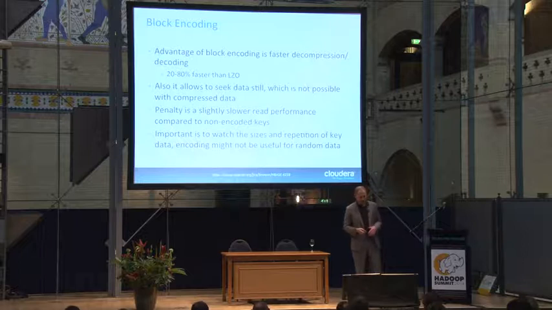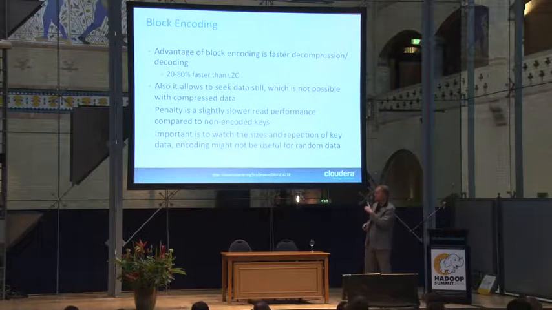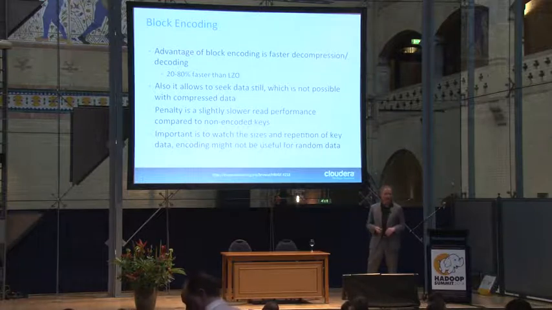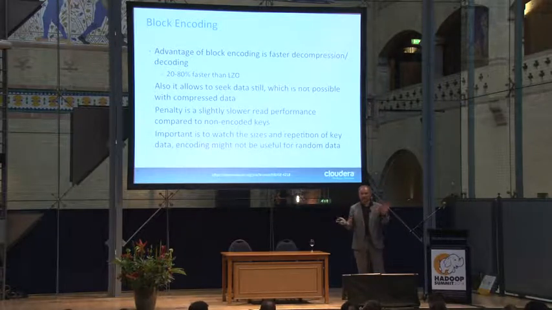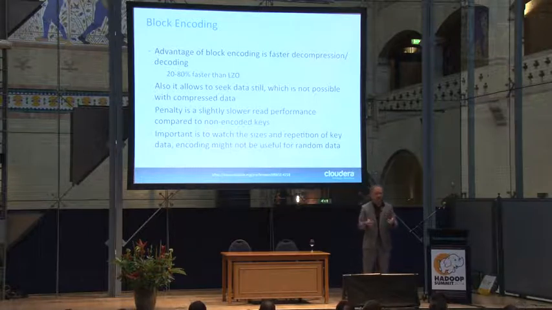They have some numbers in their JIRA, if you're interested. It's maybe a 10 to 20% hit, or say 10% hit I've seen for the decoding part. But everything goes much smaller, so you can read more in one go. So you get it back on the I/O side of things.